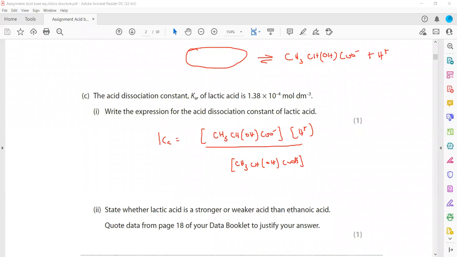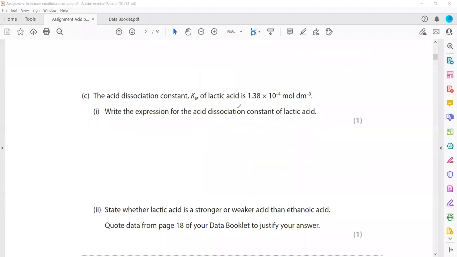If lactic acid has a higher value of dissociation constant than ethanoic acid, then it will be the stronger acid. The dissociation constant for lactic acid is 1.38 × 10^-4. Using the data booklet, we will find the dissociation constant for ethanoic acid.